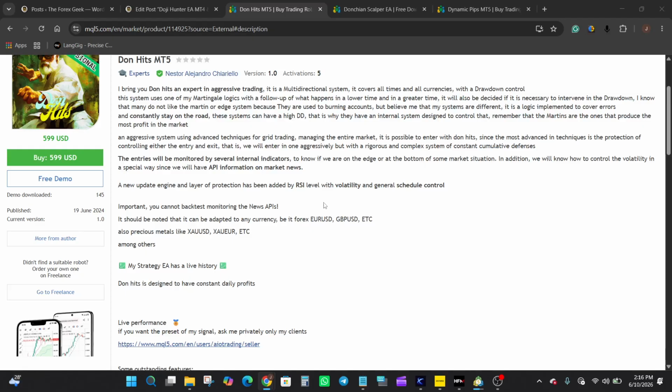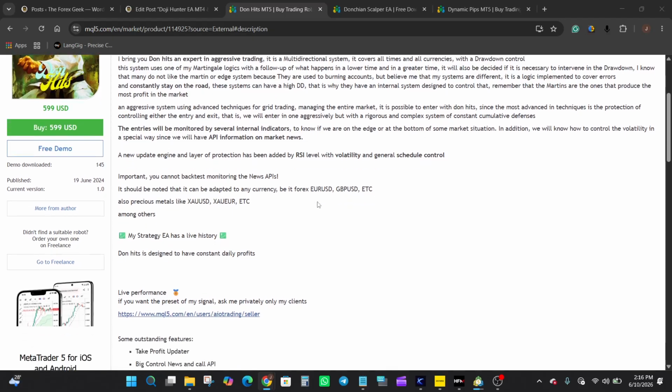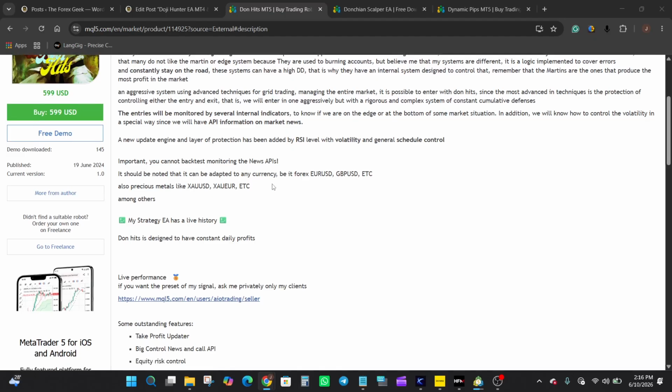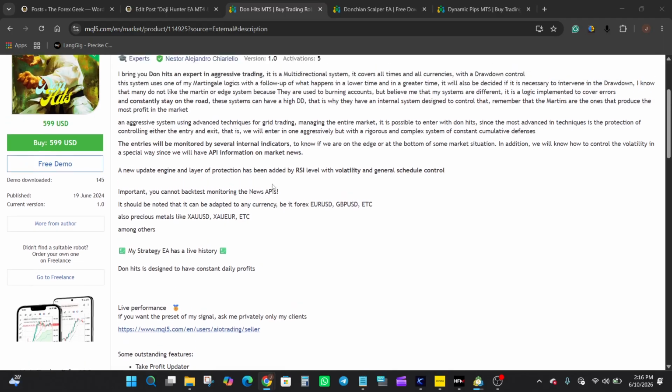Another important aspect highlighted is the idea of internal drawdown control. According to the description, the system is designed to intervene when drawdown conditions are detected, attempting to manage exposure while trades are active. All right, so moving further down, the EA is also described as an aggressive grid based system with cumulative defense mechanisms.